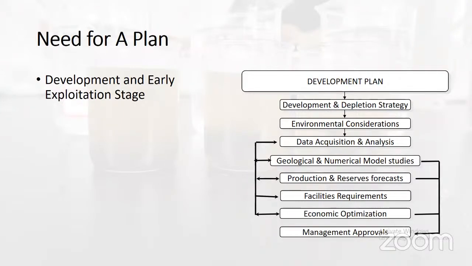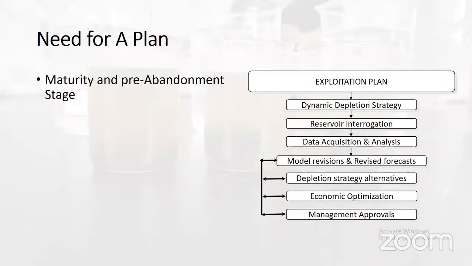We will do some modeling studies, starting from very simple analytical methods like material balance and decline curve analysis, going upward to sophisticated techniques like numerical simulation. Also, we will have forecasts for the production and the reserves. We will also optimize the facilities, and at all stages, we are committed to economic optimization. So that is the development planning, and that is the main topic that we will talk about in our webinar.